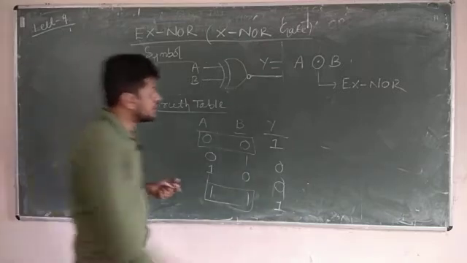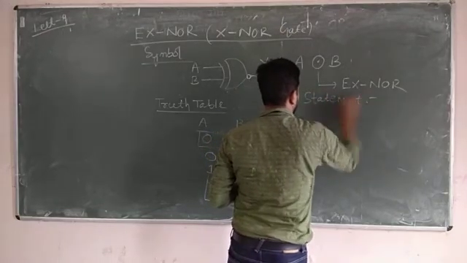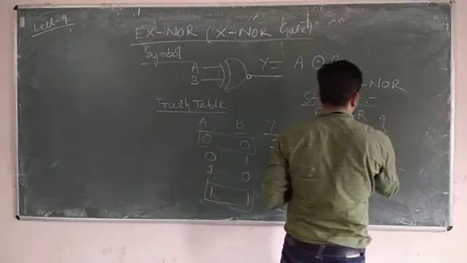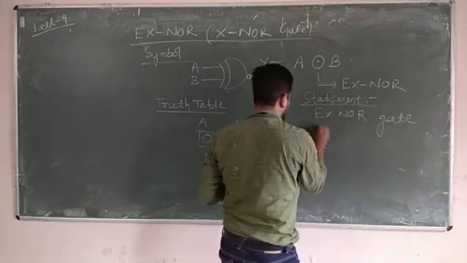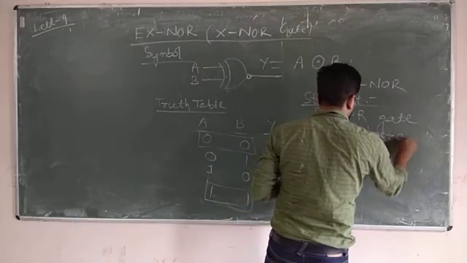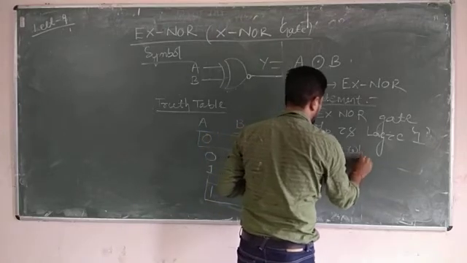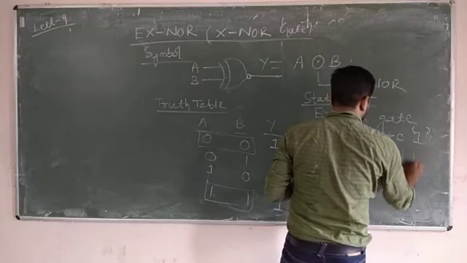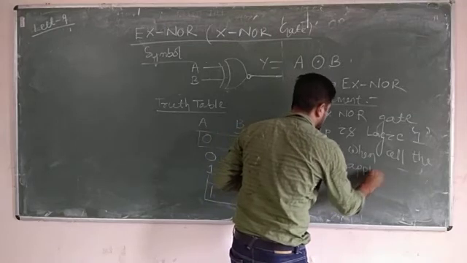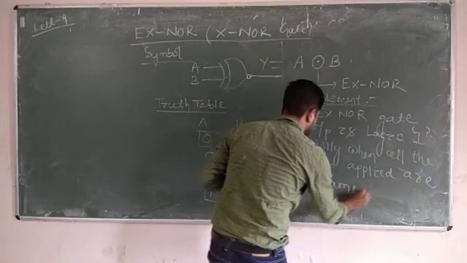So you can write here one statement: XNOR gate output is logic 1 only when all the inputs applied are same.